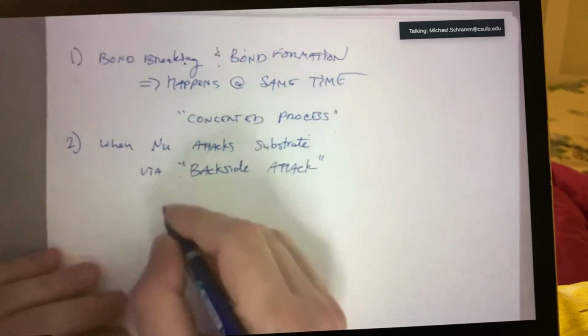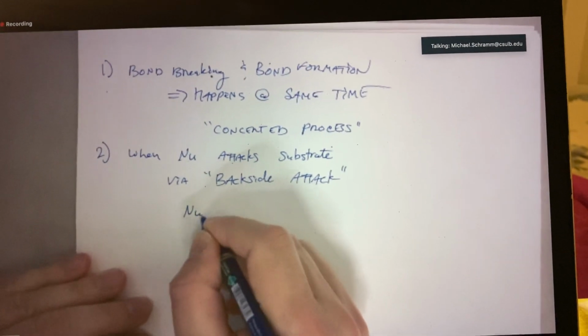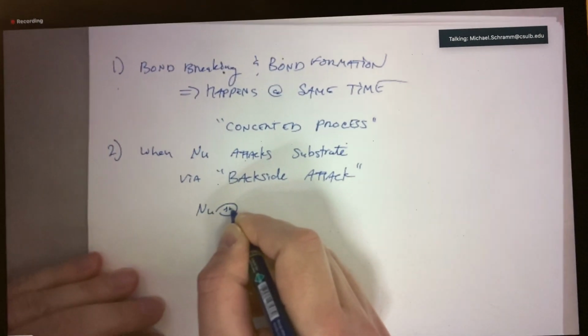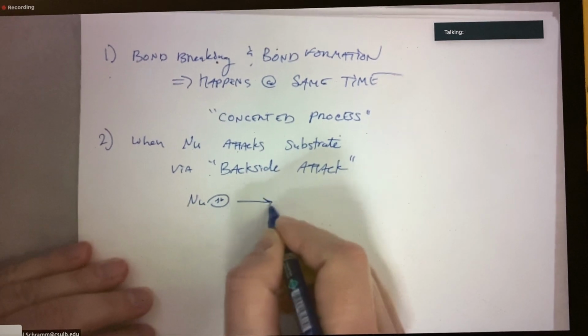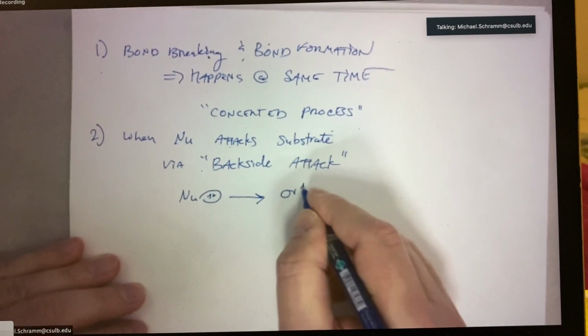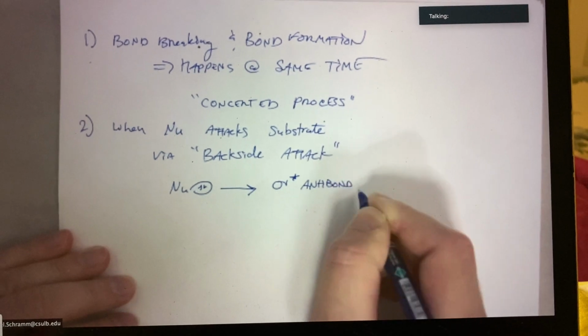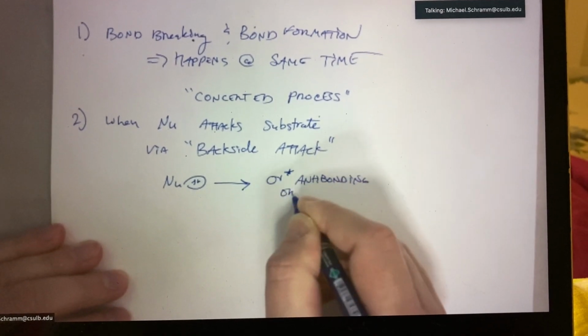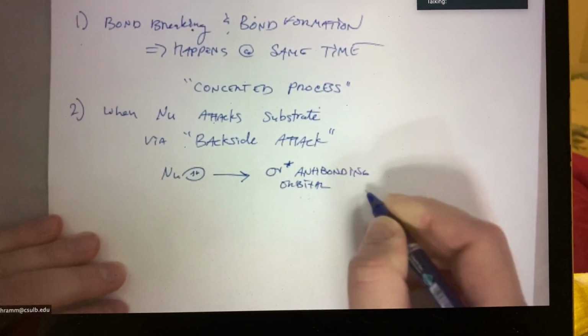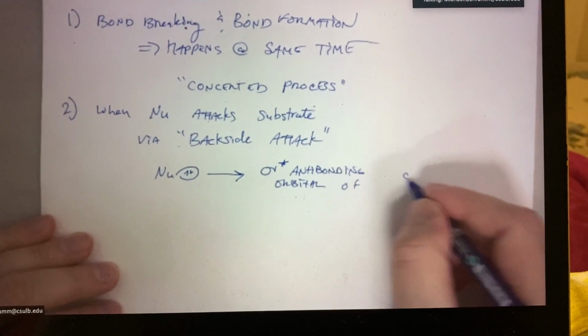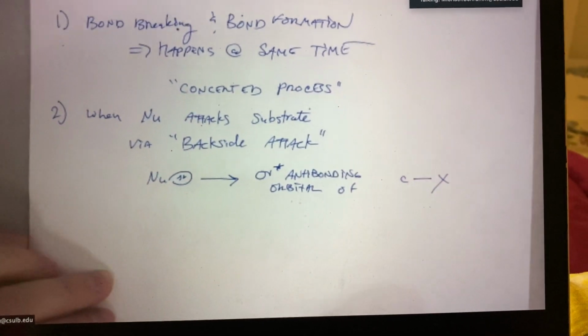In essence, the nucleophile's lone pairs of electrons attack into the sigma star antibonding orbital of the substrate, basically the substrate X bond.